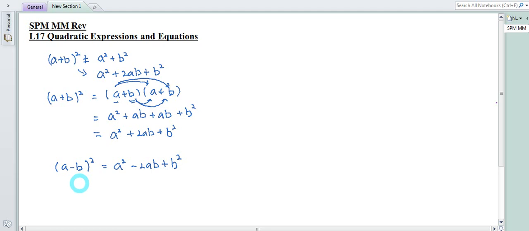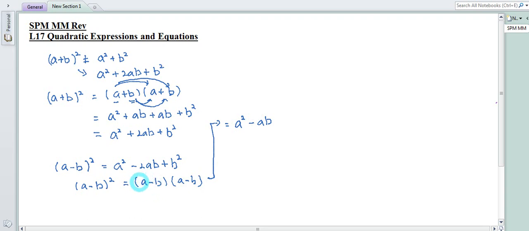Let me show you why. The square actually means (a - b) times (a - b). So a times a, you get a squared. Positive times negative, you get negative, and you get negative ab.